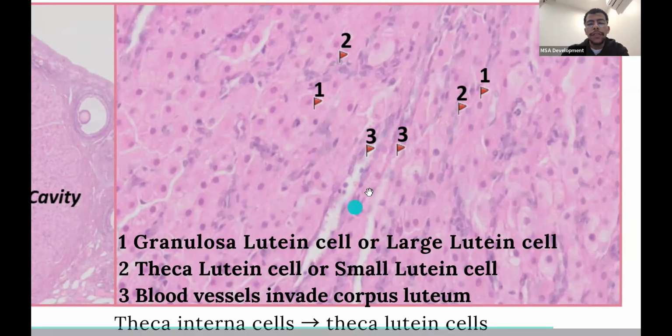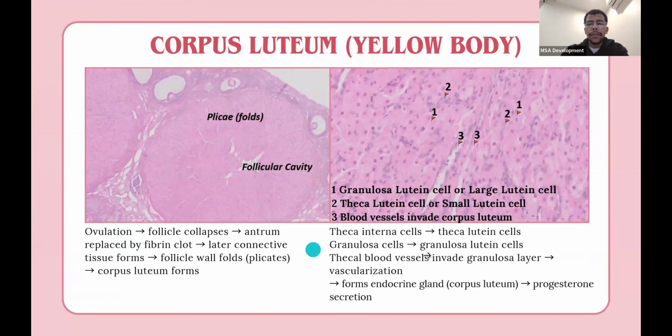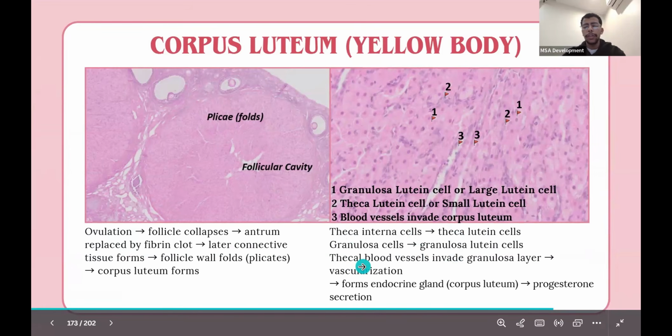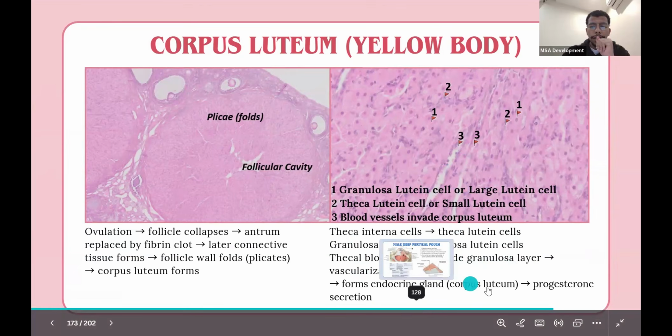And then three is blood vessels in the corpus luteum. So theca interna cells turned into theca lutein, granulosa cells turned into granulosa lutein, and the blood vessels in the theca layer and granulosa are still there. It just becomes more vascular. And yeah, we mentioned that it turns into a gland and it's for progesterone secretion.